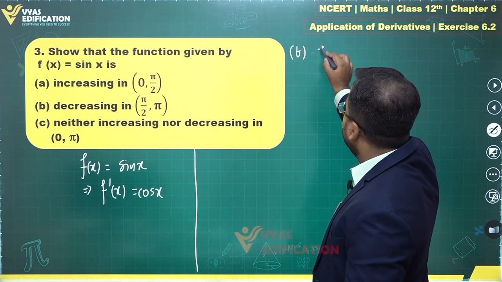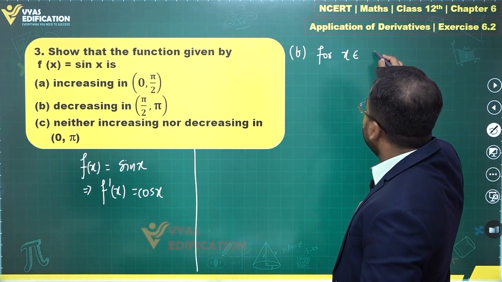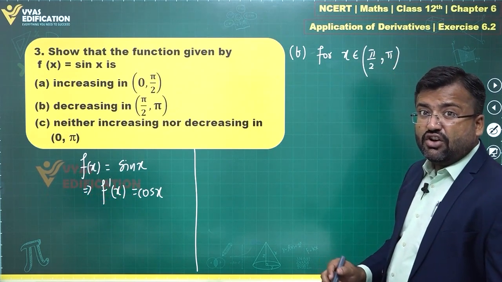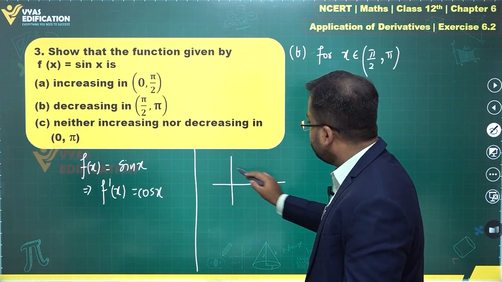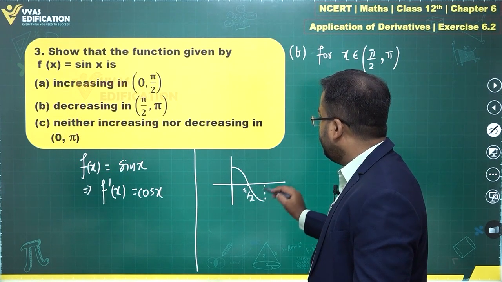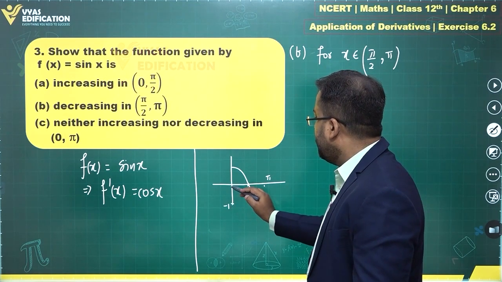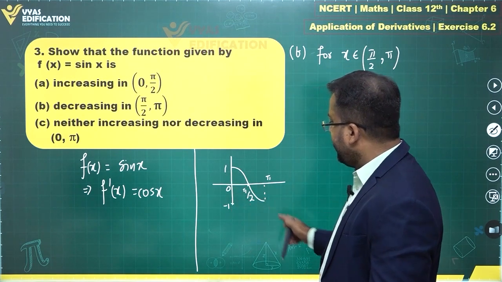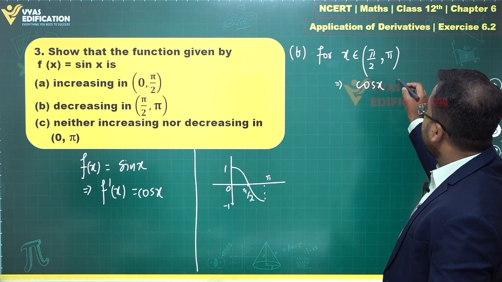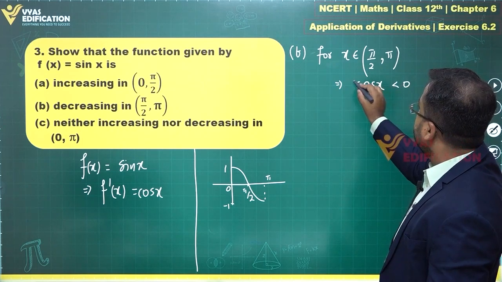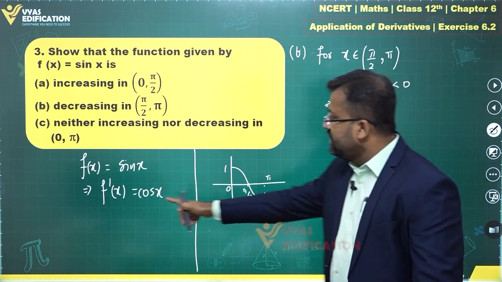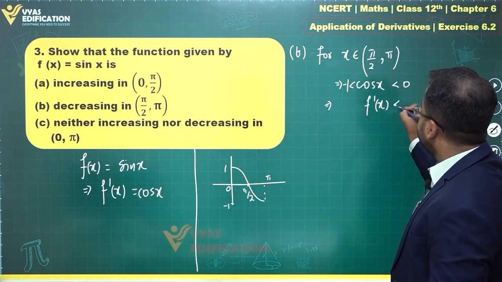Part B, for x belongs to (pi by 2, pi), you can see the graph of cos x. From pi by 2 to pi, the values will be from 0 to minus 1, right? So this gives me cos x is less than 0 and greater than minus 1, or you can say that f'(x), cos x, is less than 0.